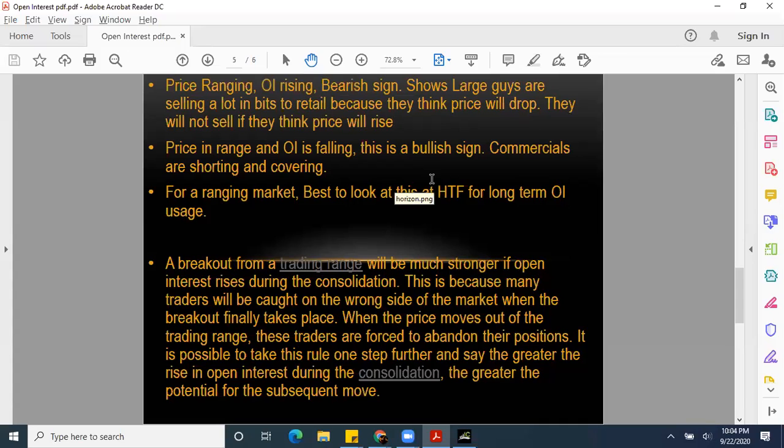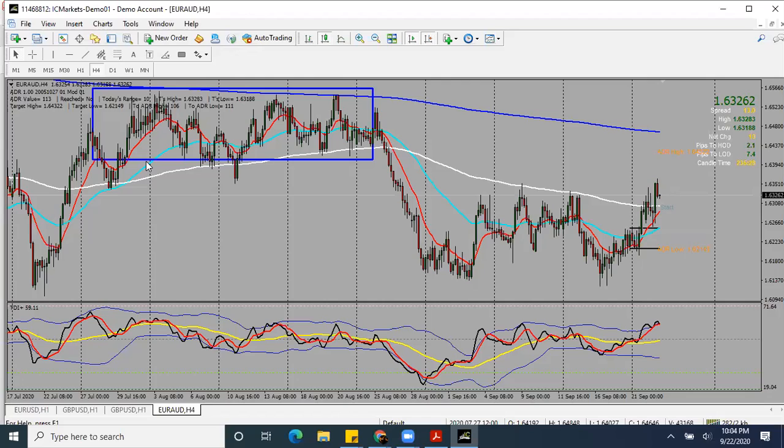For price to be consolidating, it simply means that they have first created a false impression of a bullish trend, and retail traders are believing that price will continue to push up, and these guys don't want price to push further. So for every push up, they're actually selling to some guys who are buying, then they come back, then they sell again to some people, and price goes up, and finally a massive push.